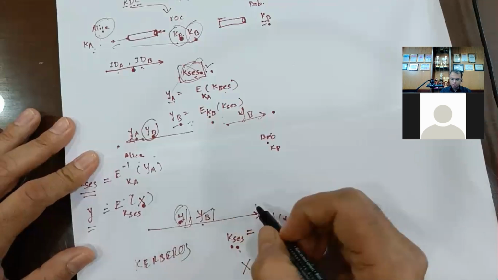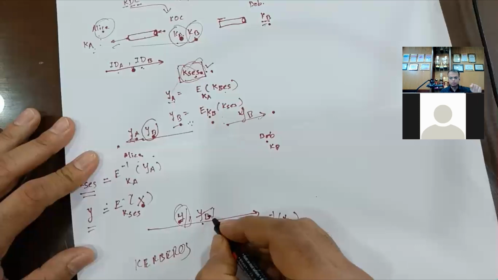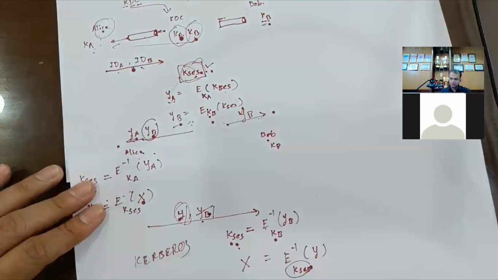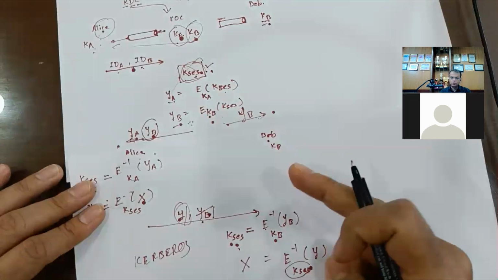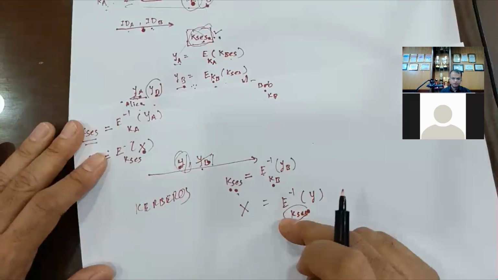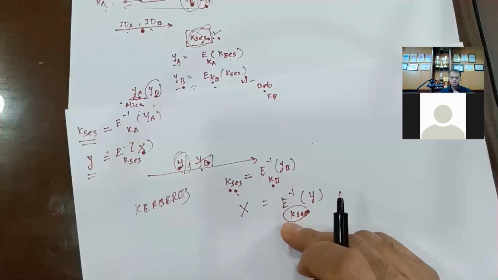Bob will be receiving two YBs, one from Alice and one from someone else. After receiving two YBs, he will be expecting two messages from two different users, and he will get confused about which one to use for which message.